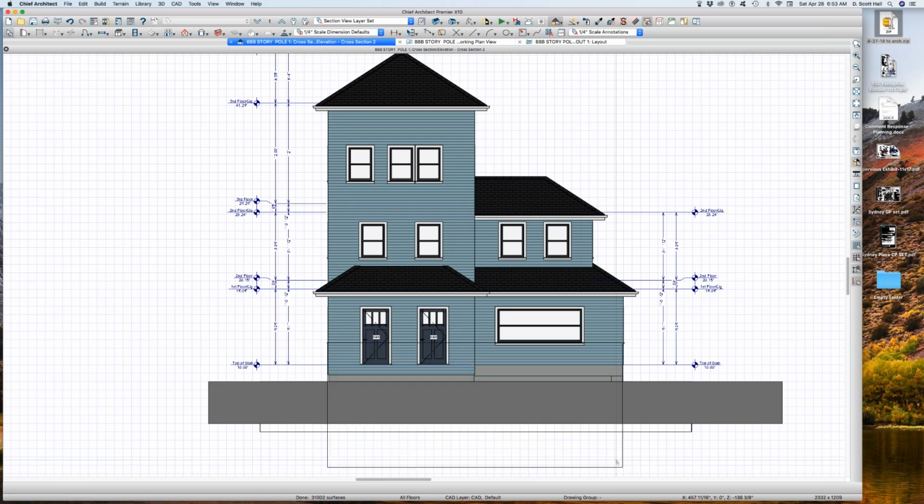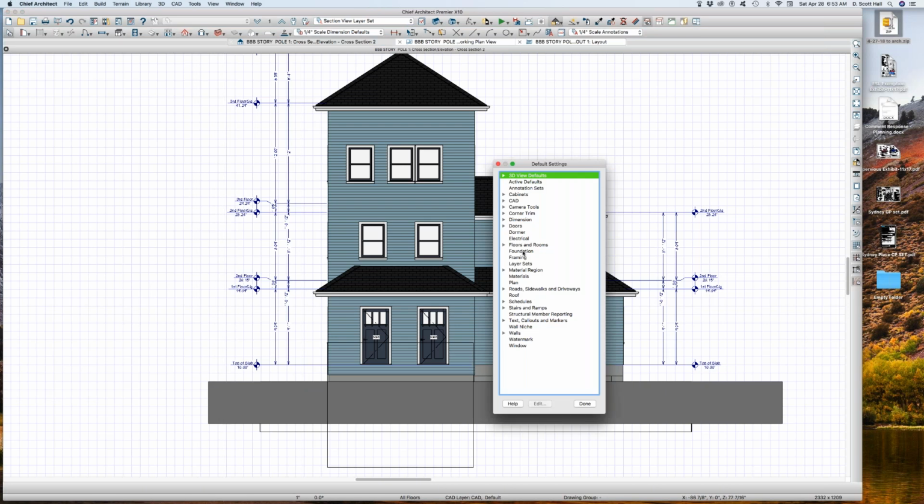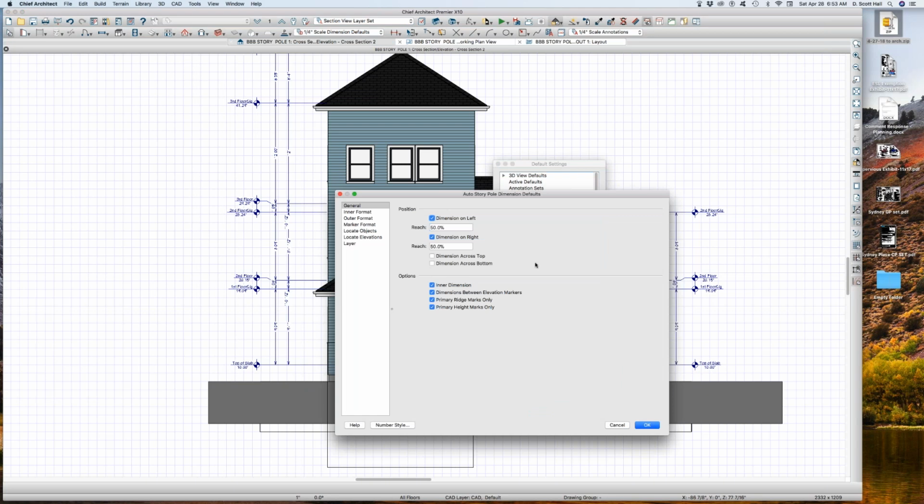You notice there's a 34. There it is. The reach is too much. So it's getting confused. So if I go to 1-1, I go to my dimensions. I'm going to just do it a cheap way. Automatic story polls, and there we go.